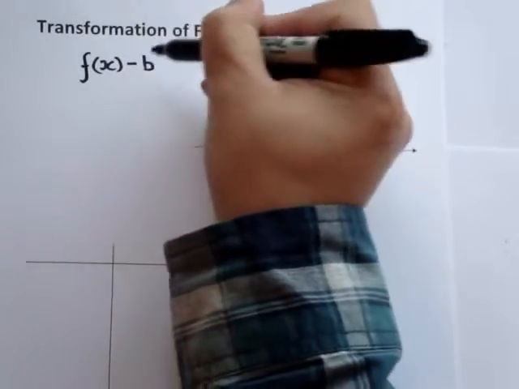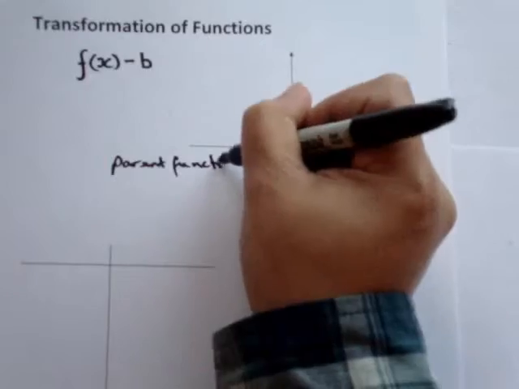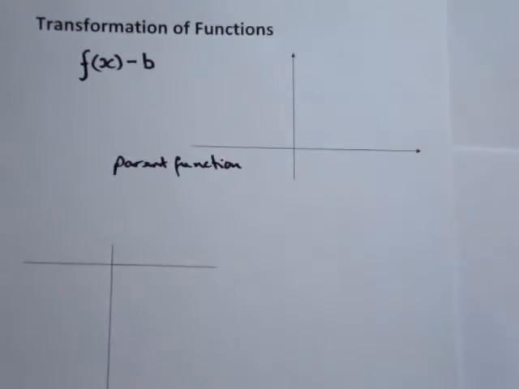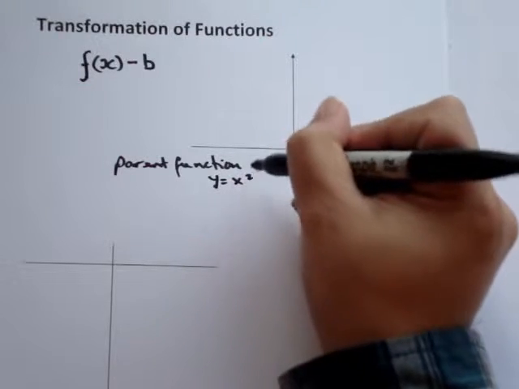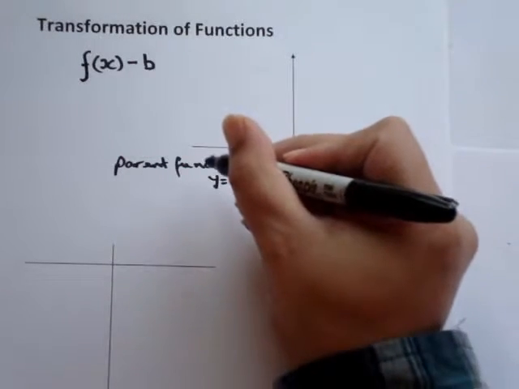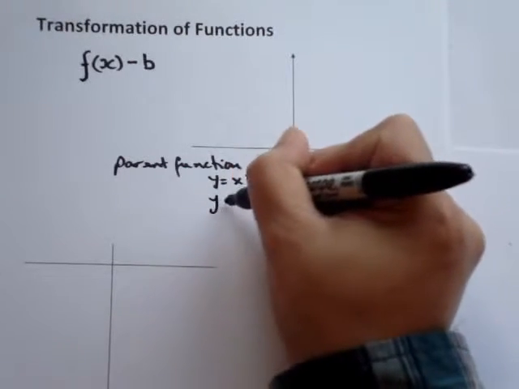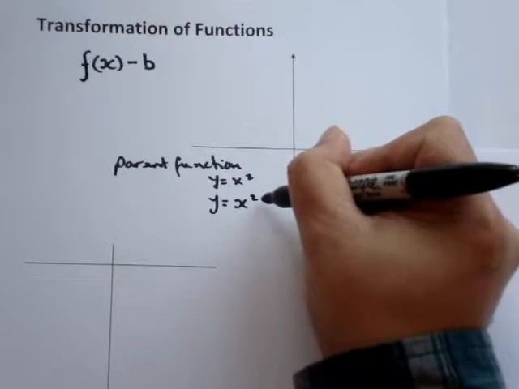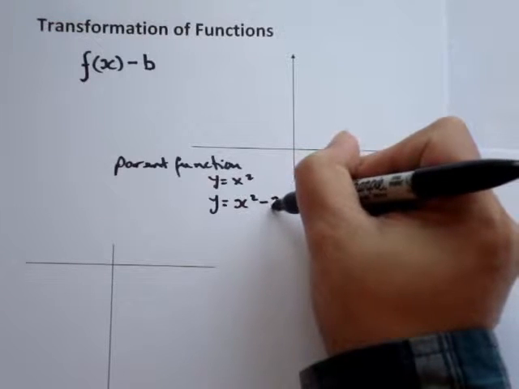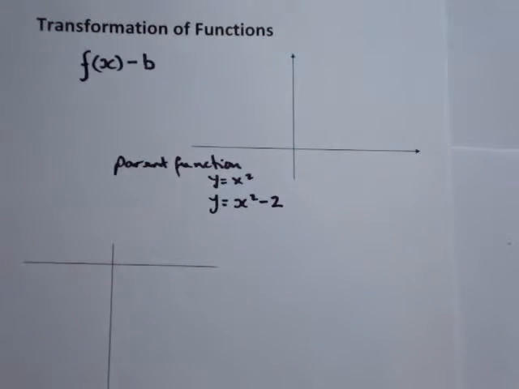Looking at our transformation f of x minus b, we have our parent function y equals x squared, and the transformation y equals x squared minus 2, where b is 2.